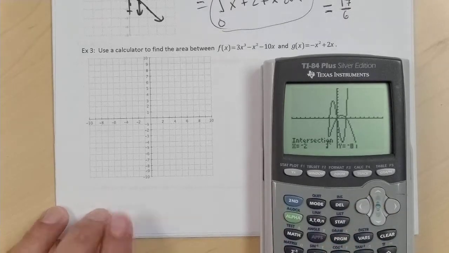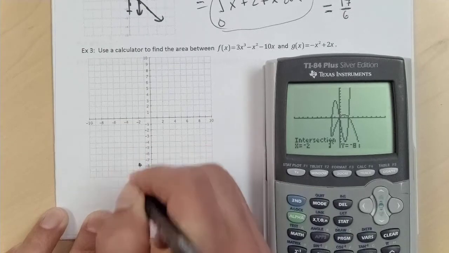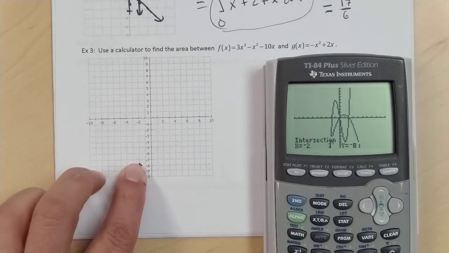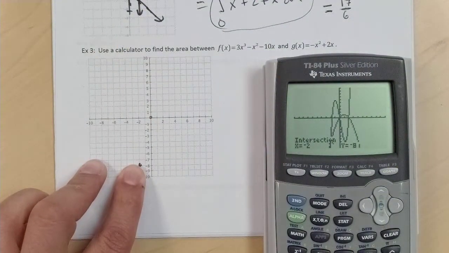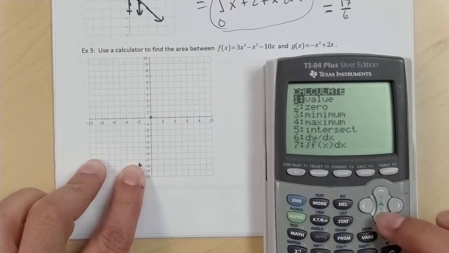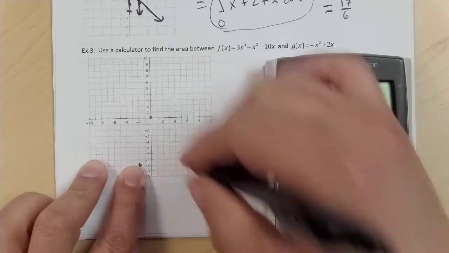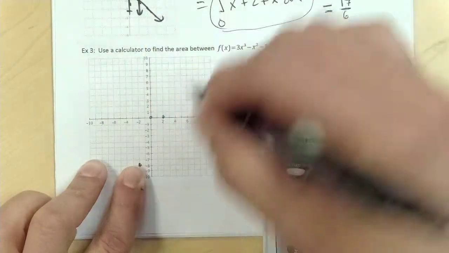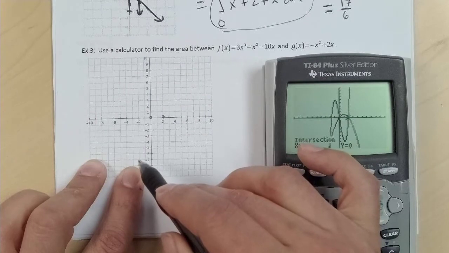So (-2, -8). That's one of the intersections. (0, 0) is another one. And it looks like (2, 0), but let's make sure. Yeah, (2, 0). All right, so these 3 points that I have, that's the intersection for the two curves.